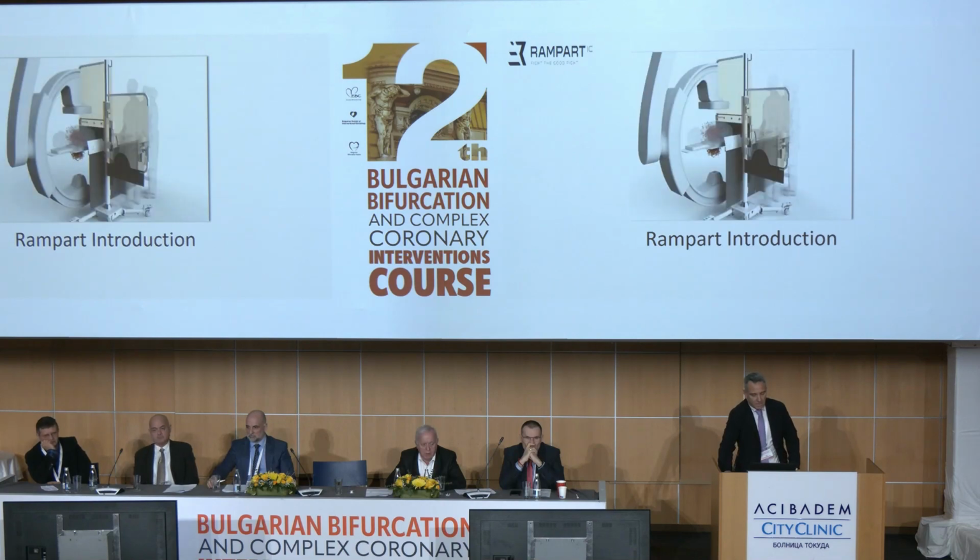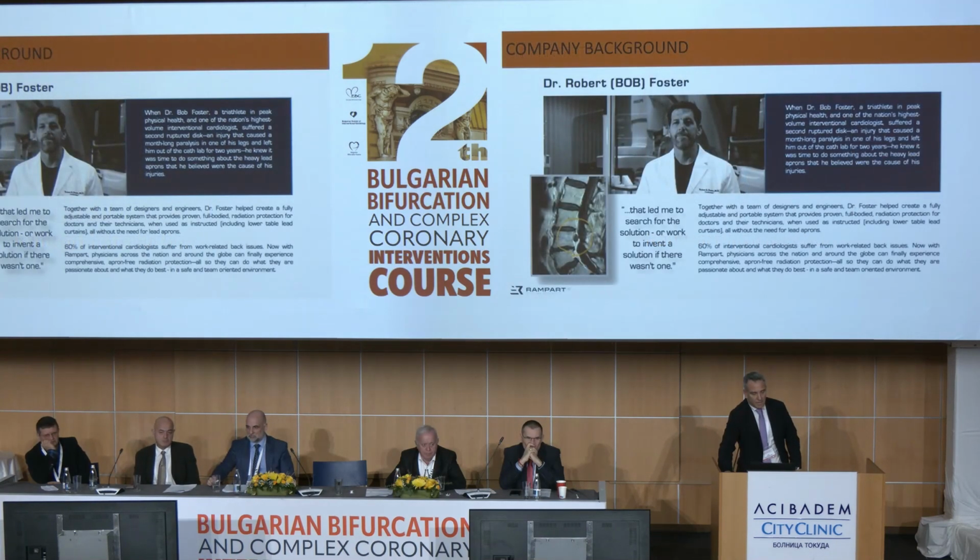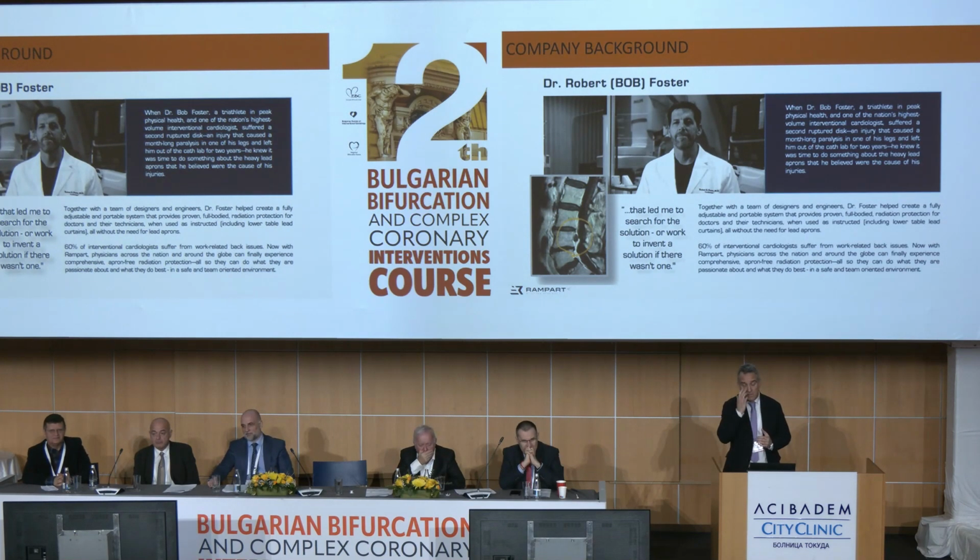So, the inventor of Rampart had back problems, of course, and he was the one who put this machinery together. He wanted a solution, because there wasn't one, to get him completely rid of the lead vest.